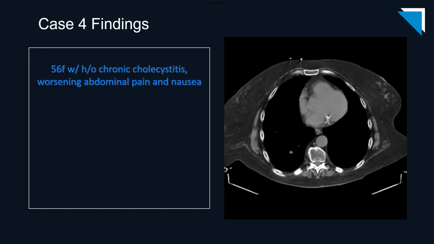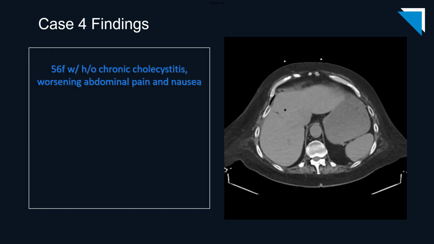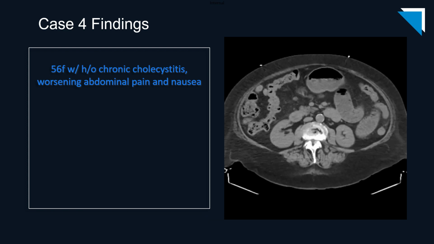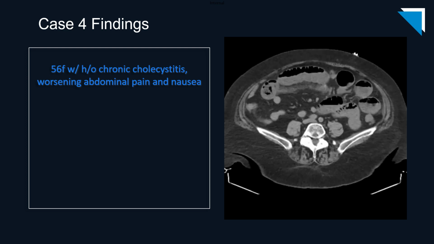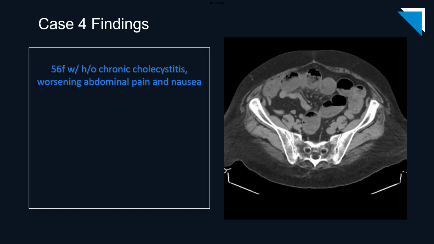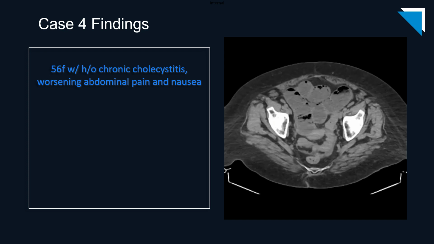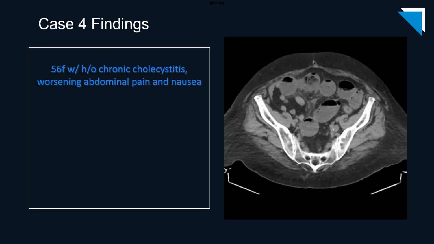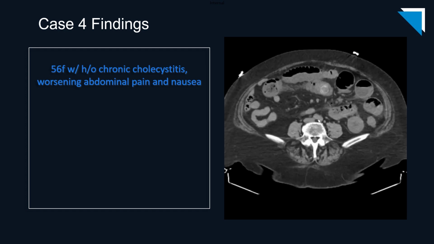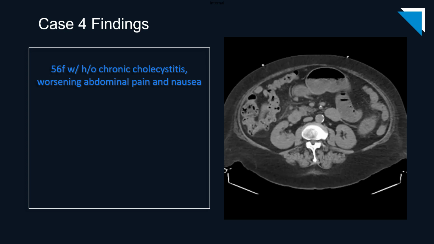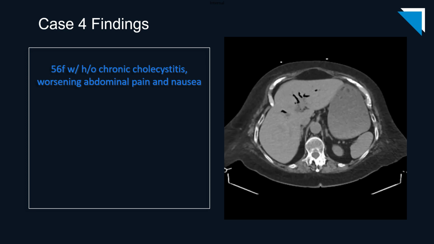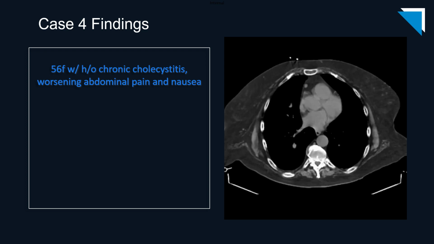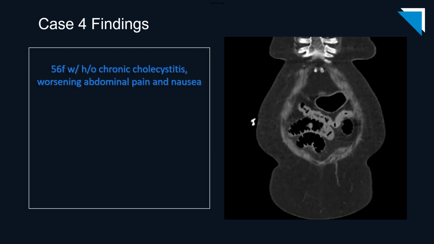These are axial images from a non-contrast CT scan of the abdomen and pelvis. The coronal images from the same study.